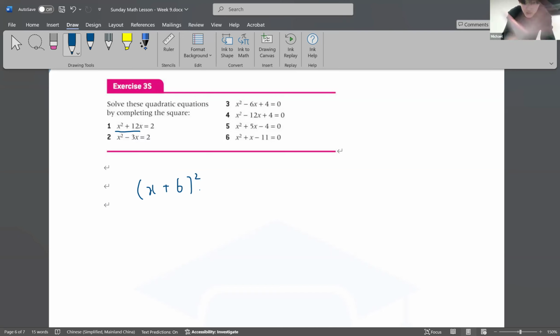But this term has something extra, so you're trying to find the difference and then make them the same by subtracting that extra. Okay? So wouldn't it be 12? Why? Okay, expand this. What do you get? You can just verbally announce it to me. X squared plus 12x plus 36.